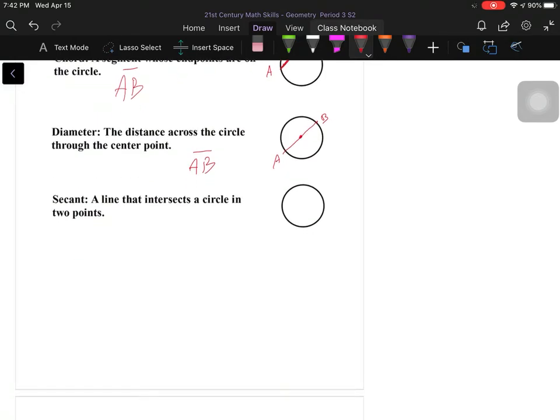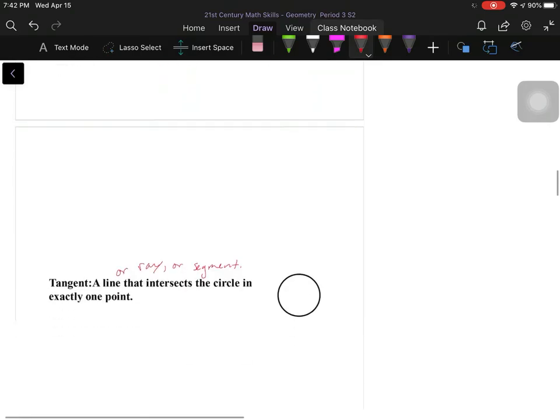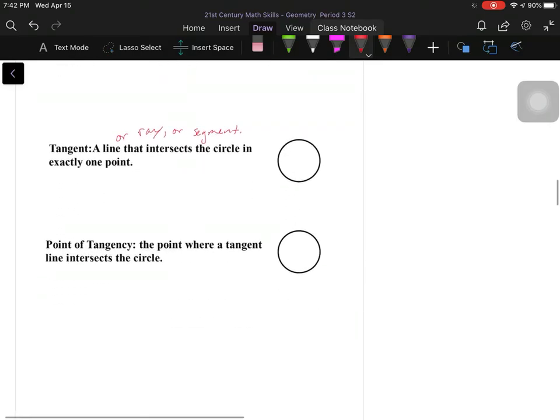A secant is a line that goes through the circle. So that would be labeled as line AB. Okay, a tangent. Tangent means it touches at one point. Now, a tangent can be a ray, a segment, or a line, so it could be any one of those.